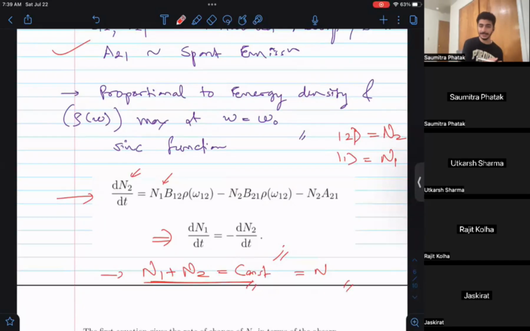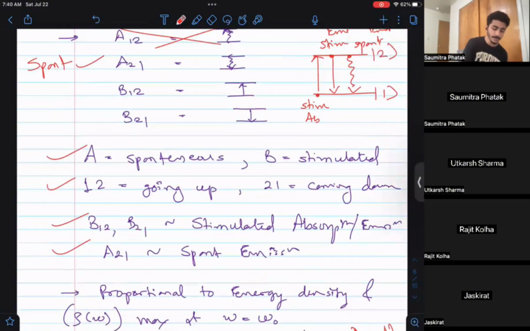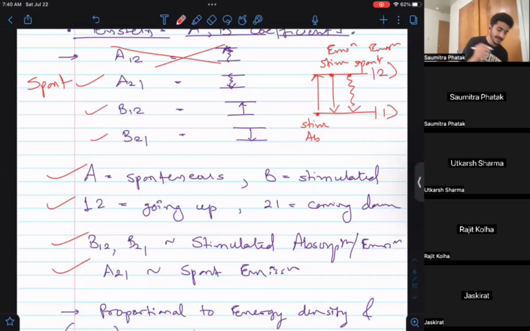And the first expression says that the change in population of the second energy level is proportional to these three terms, B12, B21, and A21. These are the three processes that can happen in a two-level system, right? We already talked about this, that these are the only three processes that can happen in a two-level system.